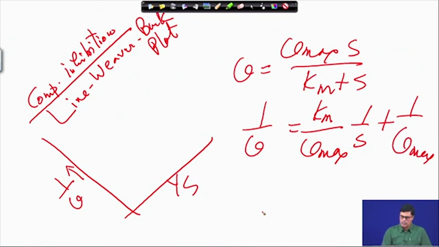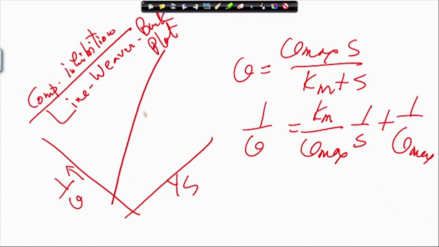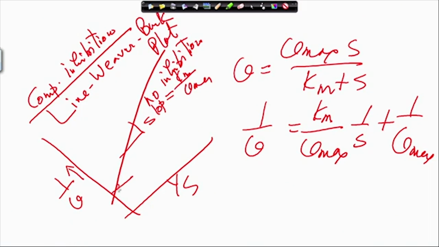Now, in case of no inhibition, you have this plot, am I right? From this equation we know the slope is nothing but Km by Vmax, and the intercept is 1 by Vmax.